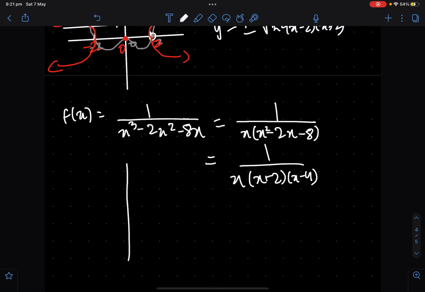And this is just a simple reciprocal graph, where we will start with the original graph in gray. We have the x values of 0, negative 2, and positive 4. Graphing this function, you will get something like this.